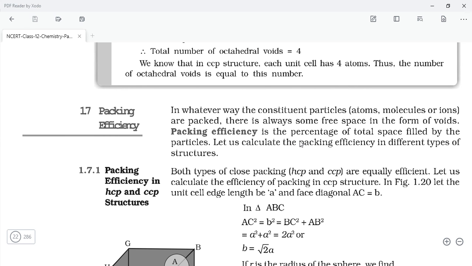Both types of close packing, HCP and CCP, are equally efficient. Let us calculate the efficiency of packing in the CCP structure. In figure 1.20, let the unit cell edge length be a and the face diagonal AC equal b.